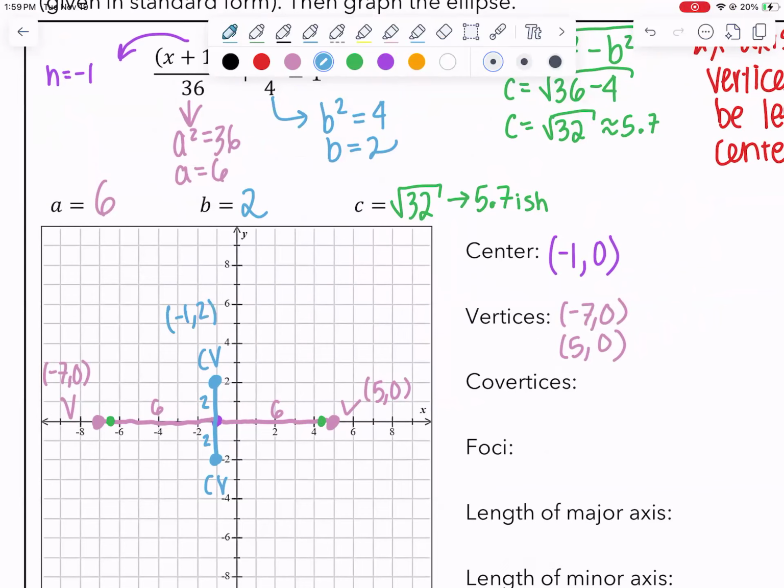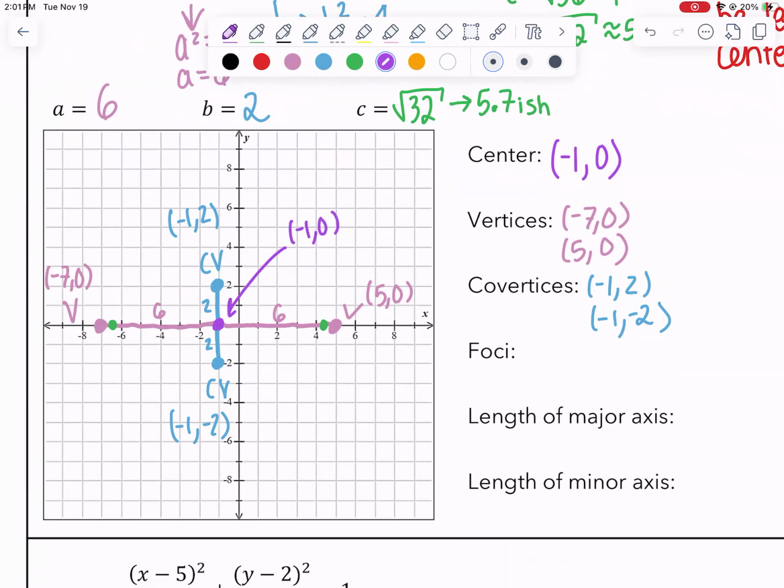Those foci, because the center right here is at the point -1, 0. The thing that's changing on these foci is you're subtracting the square root of 32 to get to this x value.